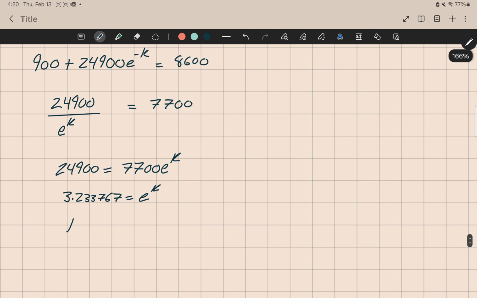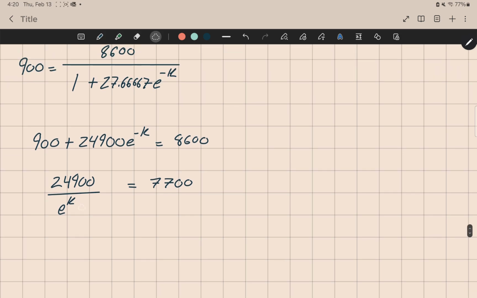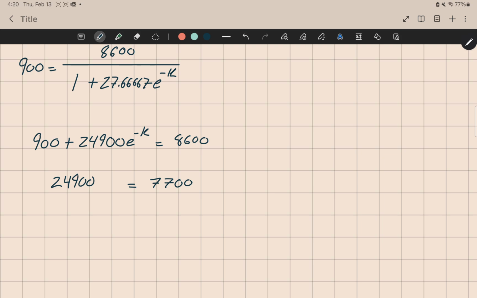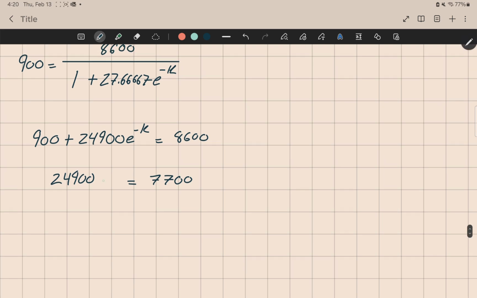I'm going to take the natural log of both sides. No, that's not what I wanted to do. So I'm going to go back. Not do that, because I know that's not going to give me the right answer, because I'm going to be taking the natural log of a fraction, which I know is going to be less than 1, so it'll be negative. And then I have a negative k, so it'll cancel. So that wasn't going to work out, e to the negative k.